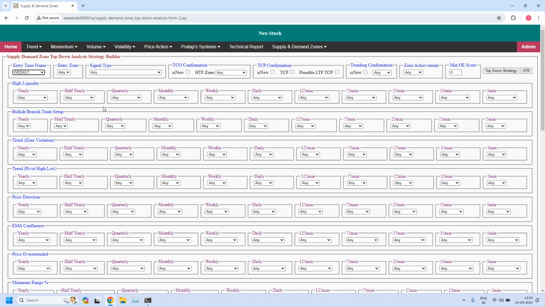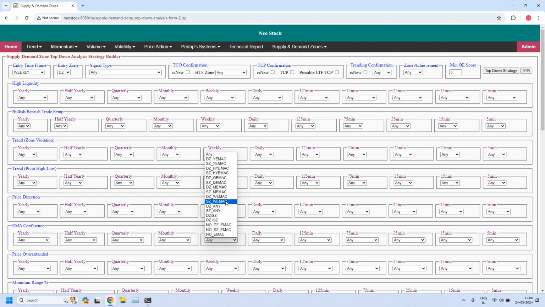First we will generate for the demand zone. So I am selecting the entry zone as a demand zone. There is a parameter called EMA Confluence. Here you can have weekly EMA Confluence, monthly EMA Confluence, up to yearly EMA Confluence.